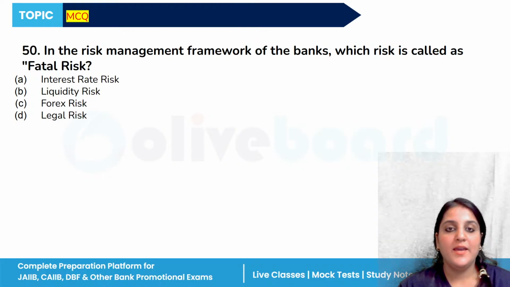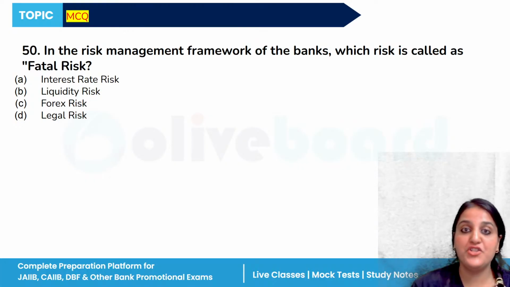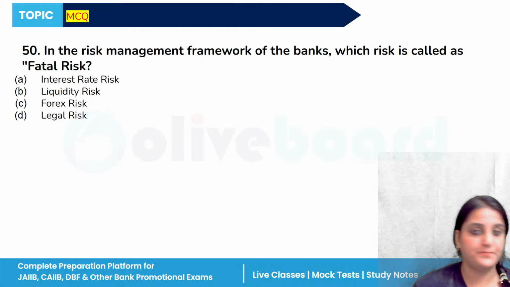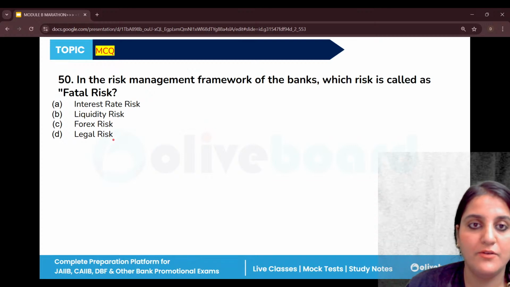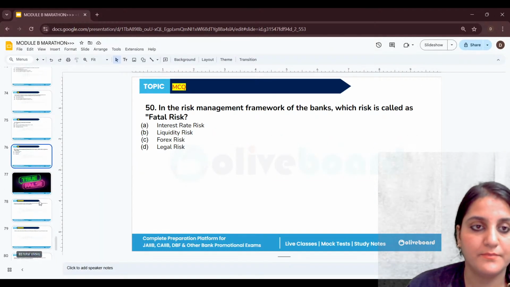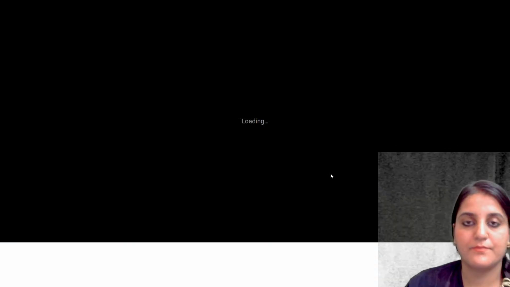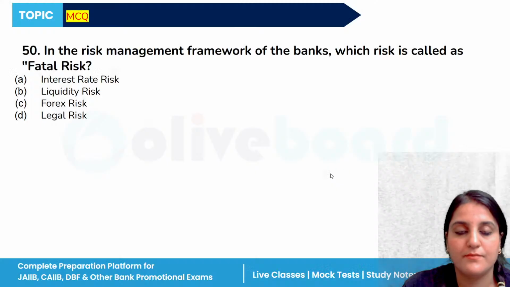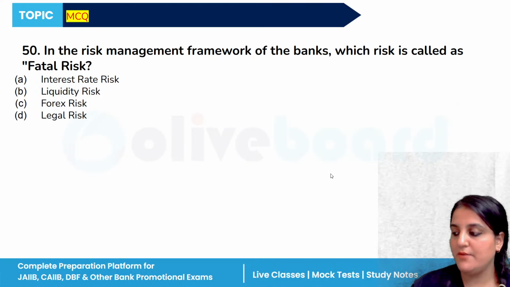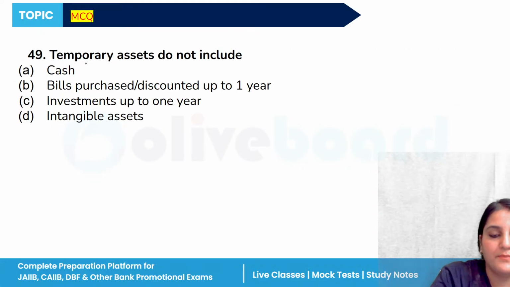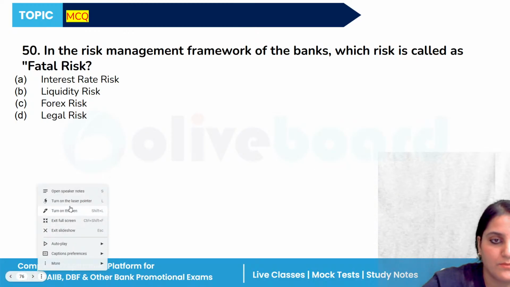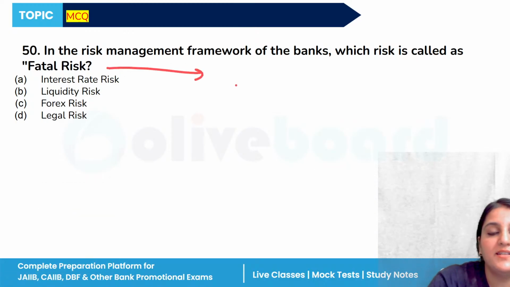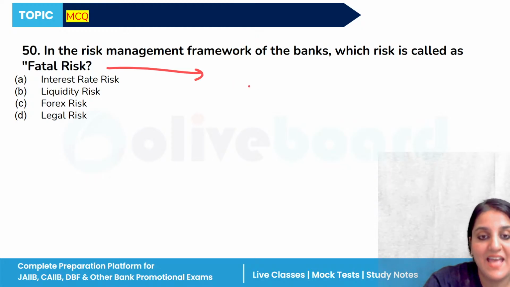So in the risk management framework of the banks, which risk is called fatal risk? See, if we talk about this fatal risk, this is the type of risk that has severe consequences on the organization.